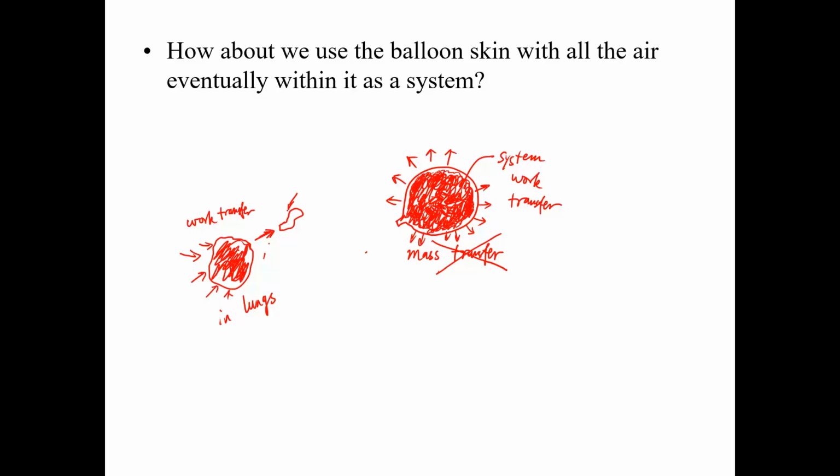And because the air you breathe into this balloon typically has different temperature from the ambient temperature, there may be heat transfer. So if you use the balloon skin with all the air eventually within the balloon as a system, it's a closed system. It can have heat transfer, it can have work transfer with its surroundings, but it cannot have mass transfer because it's a closed system.